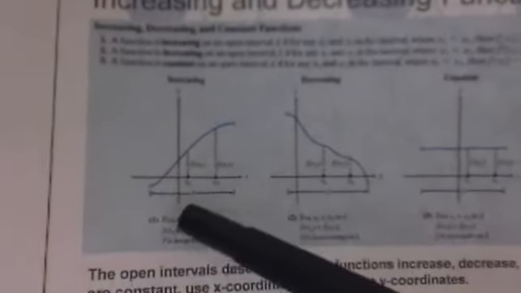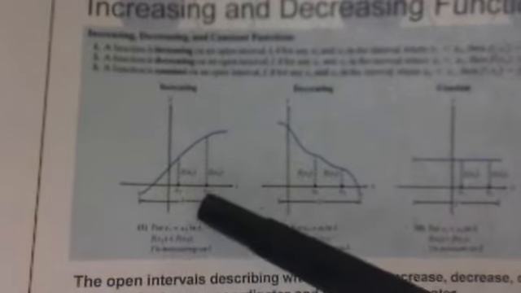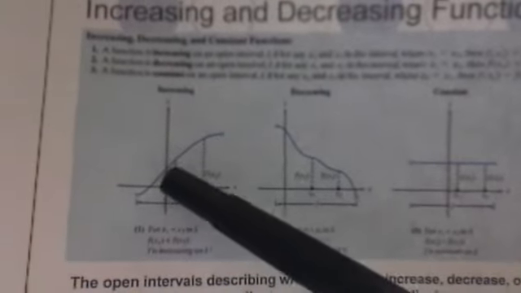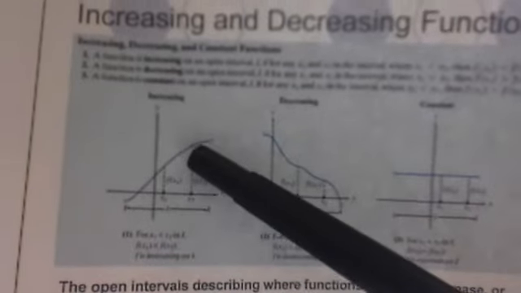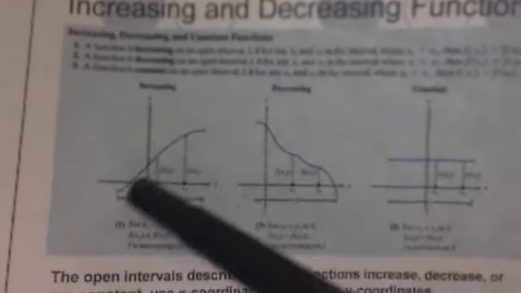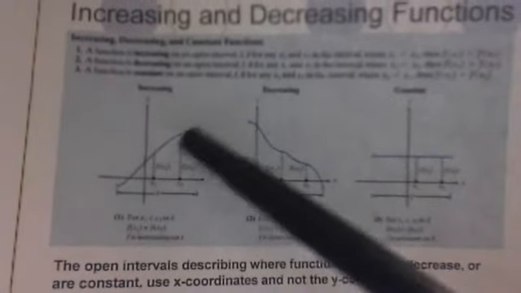So here we have an increasing function on the left-hand side, increasing between two values, x1 and x2. Here, the value of f of x1 is less than the value of f of x2. So we can say that this function is increasing on an open interval.